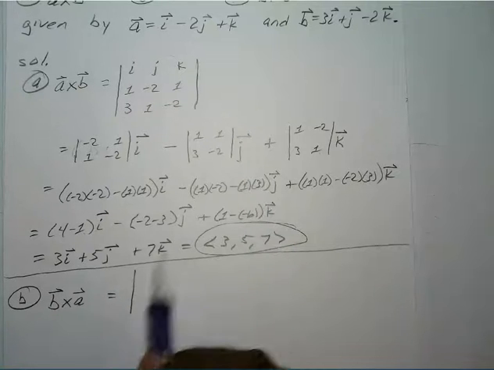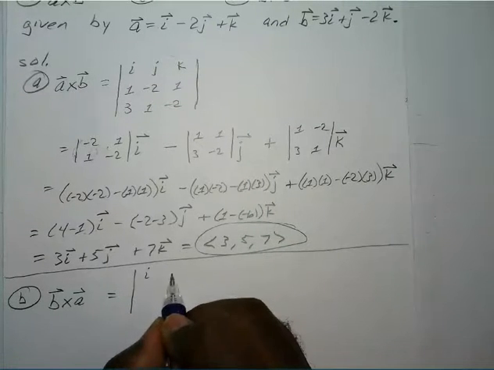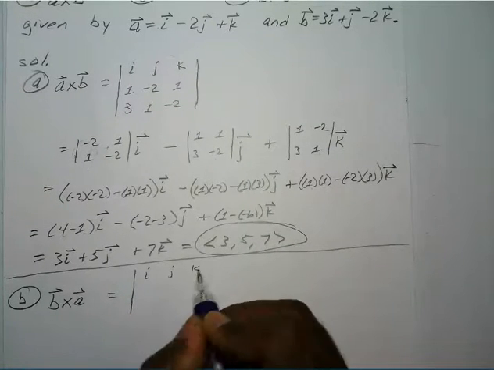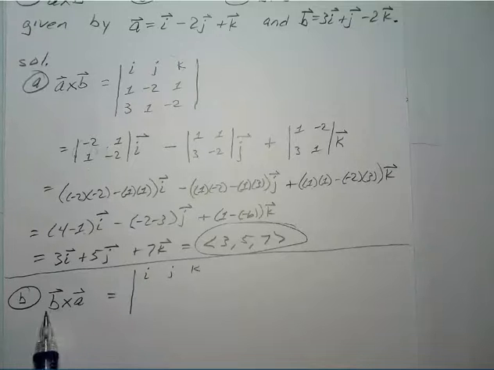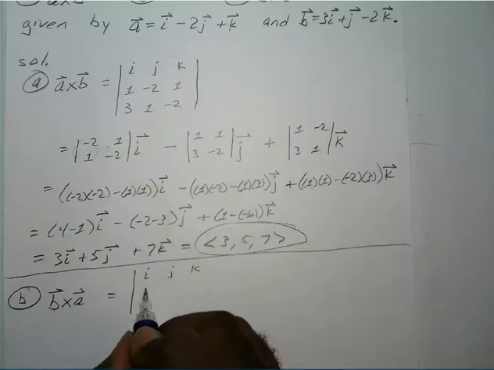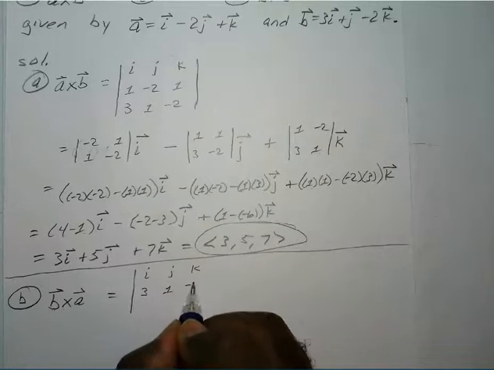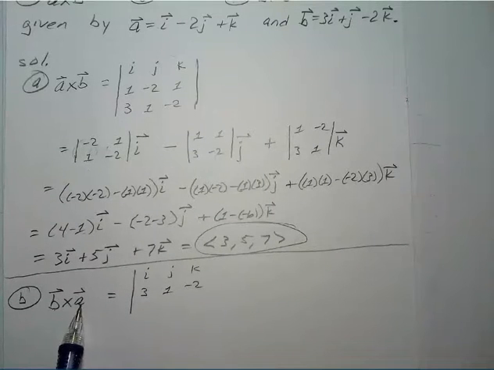Again, we're going to use our i, j, k. So i, j, k. Our B will go on the second row now because that's first in our calculation. So that's 3, 1, negative 2. And then A will go on the last row, which is 1, negative 2, 1.